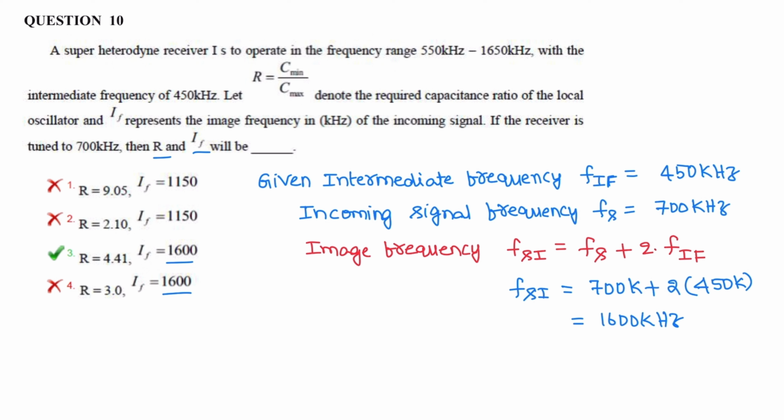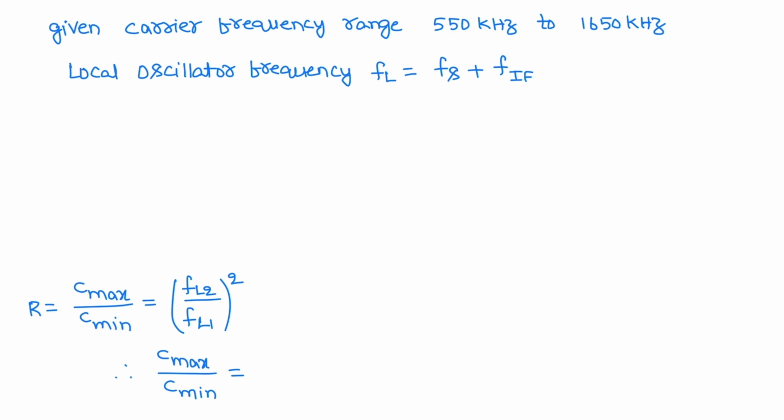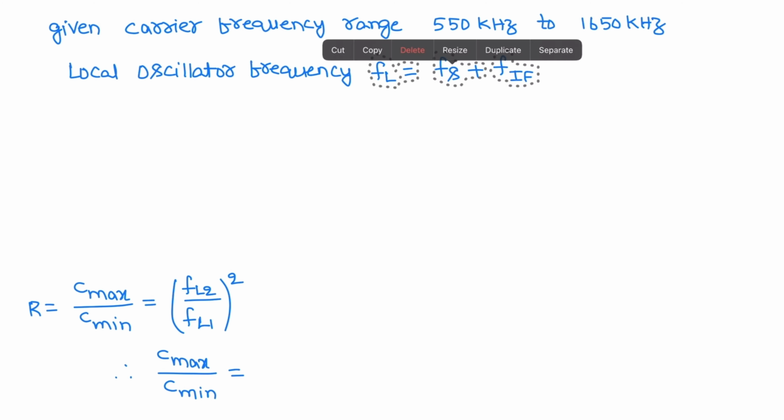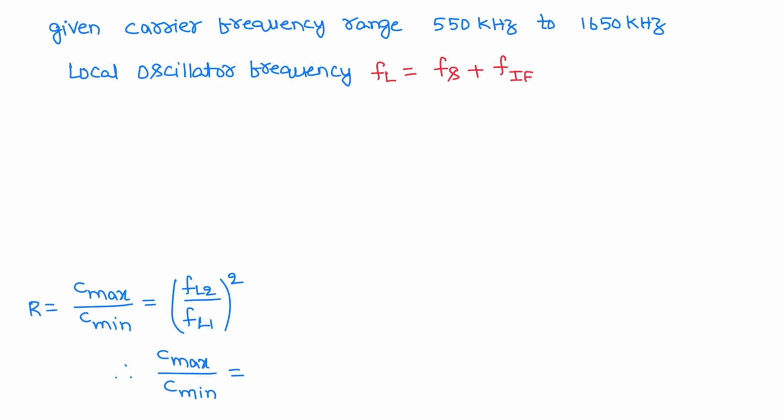In the question, the carrier frequency range is from 550 kHz to 1650 kHz. The formula for local oscillator frequency FL is equal to Fs plus intermediate frequency.